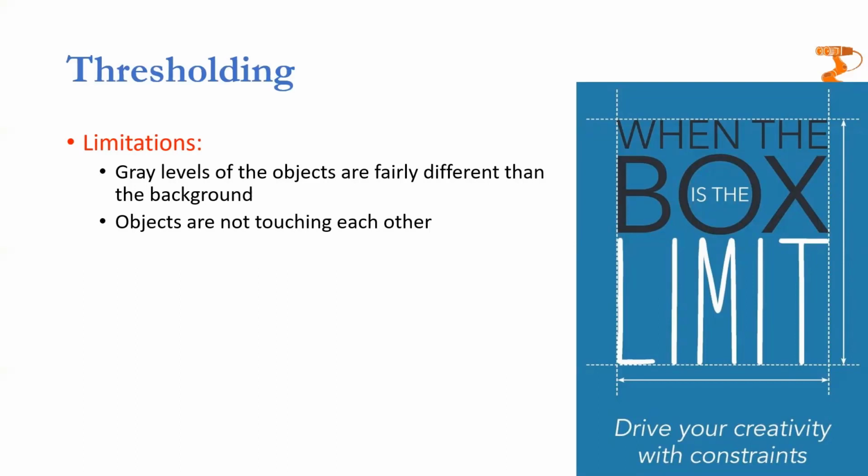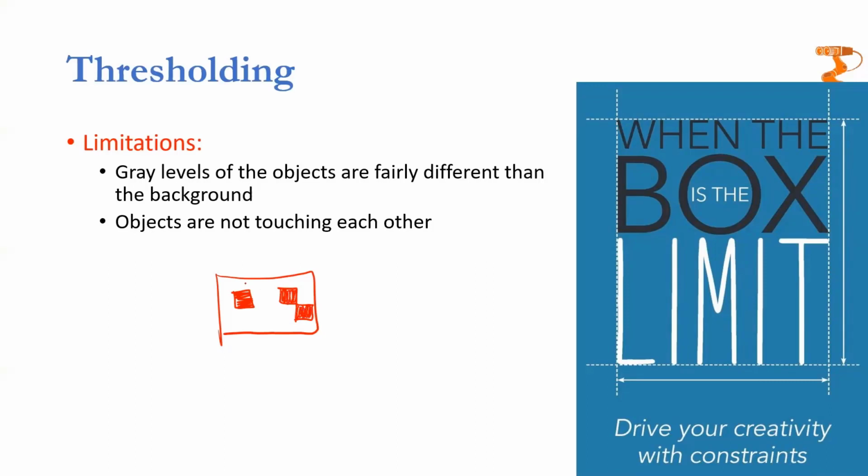If they are touching each other, then this segmentation technique will label both objects as a single object. For example, if there is one very simple object, and the other object is over here, and the third one is touching it a bit, then what you are going to get after thresholding is only two objects.